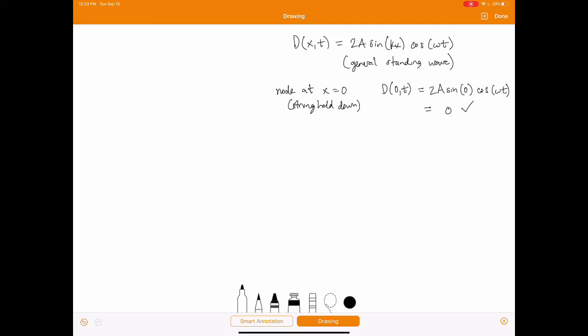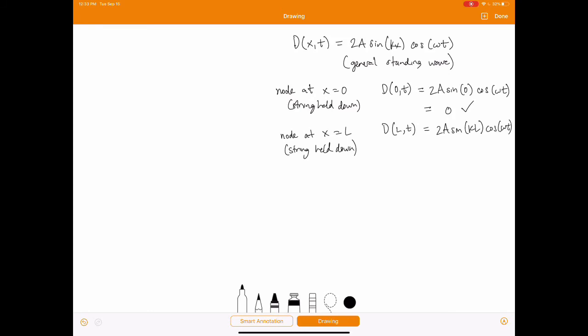There's no displacement. On the other hand, we have a node also at x equals L, because the string is also held down there. So now I'm going to plug in L, the length of the string, for x. So we have d of L and t. So I'm going to have 2 times a times sine kL cosine omega t.